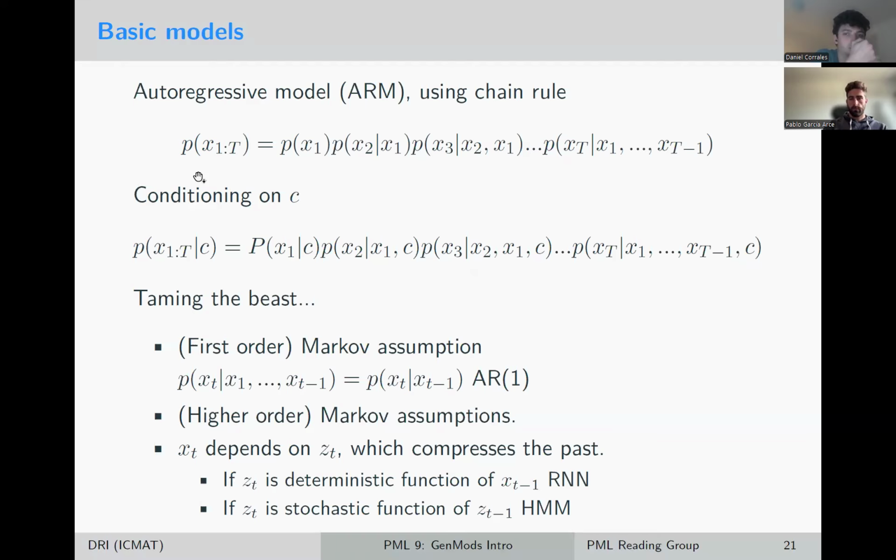Or simulate, or use it to generate data, or to assess what is P of X. And we just choose the chain rule to decompose it as P of X1, P of X2 given X1, etc., right? And as we said in the first part, we could condition on some prompt or some context, and we would do the same.